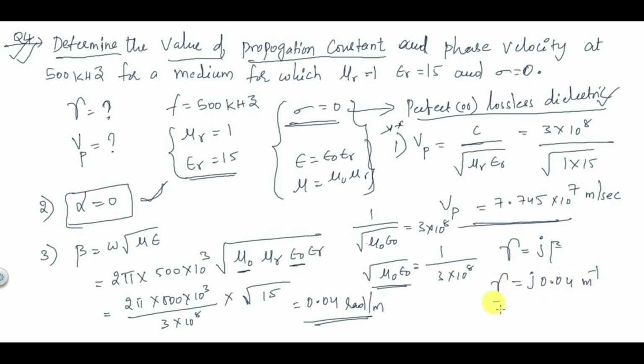So this is the value of propagation constant. Okay, so this is how, based on the type of medium, we can find different characteristics of that medium. For all this you have to remember all the formulas for each and every type of medium.